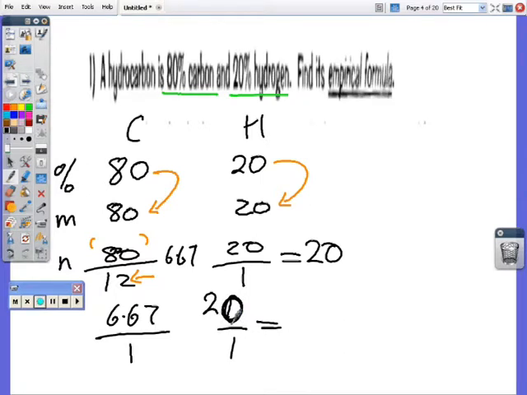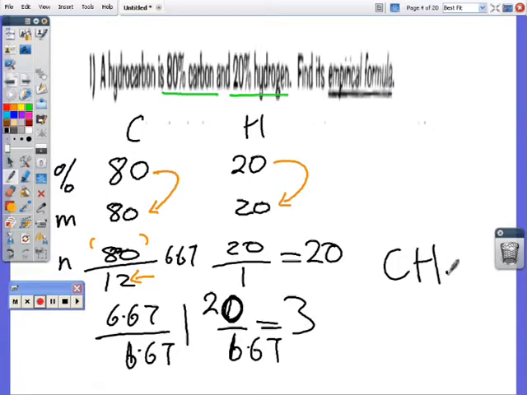Okay, so if we work from there then, and we take the smallest number, which in this instance is 6.67, we should be able to work out from that that the simplest whole number ratio here is 1 to 3. So our formula is CH3 and not C1H3. Remember, we don't put the ones in.